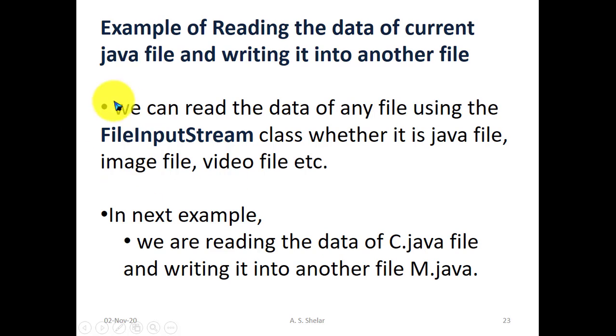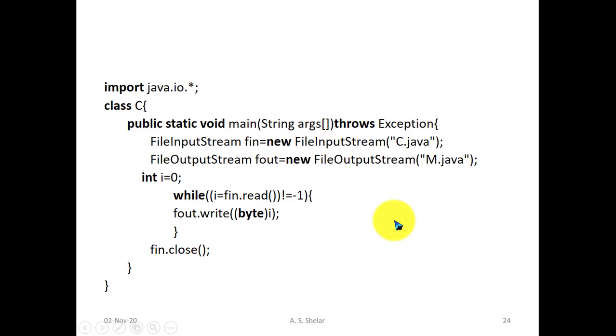Okay, so the example is like this, a read operation. We created a FileInputStream object, and for the write operation a fout object, a FileOutputStream object, is created. This is the source file, this is the destination file. Read one by one and write into m.java, and then we close fin.close. Also we have to close fout.close in a finally block. Okay, the example is straightforward.